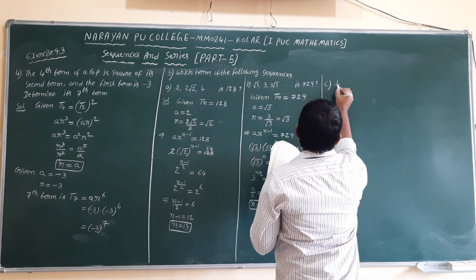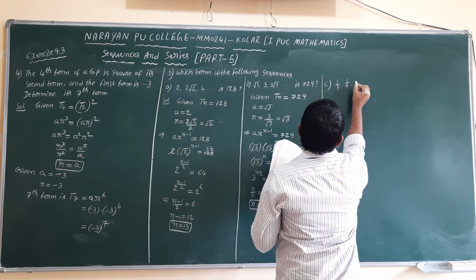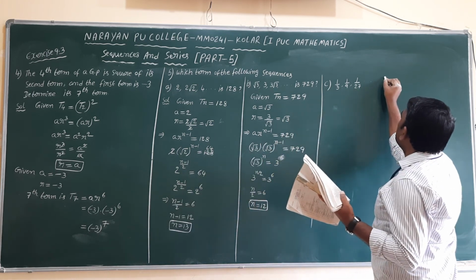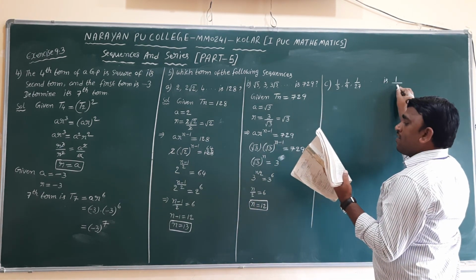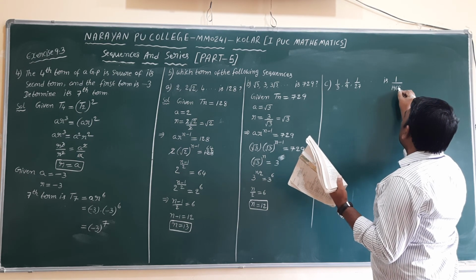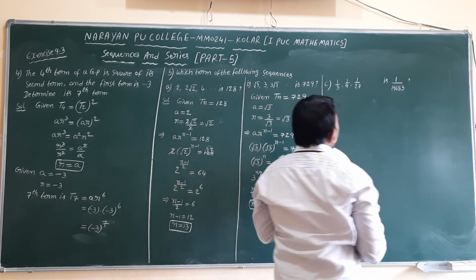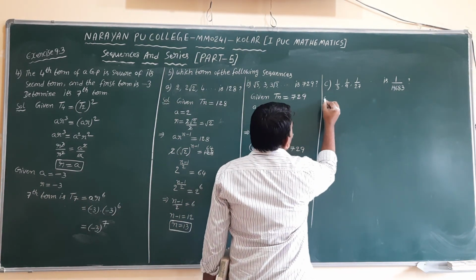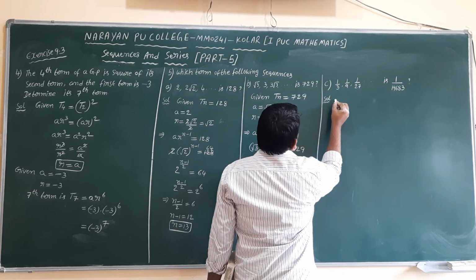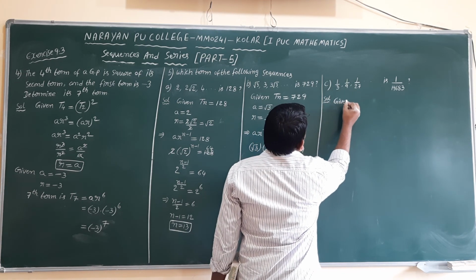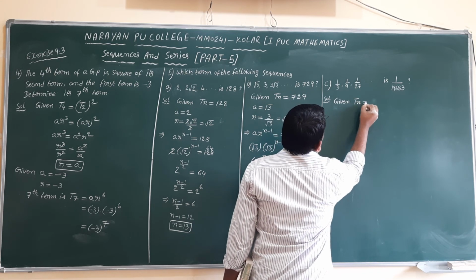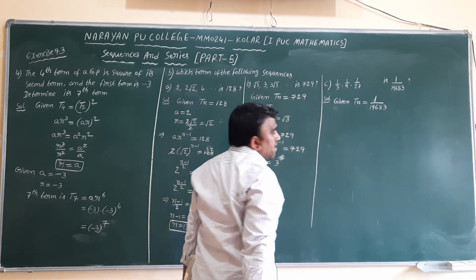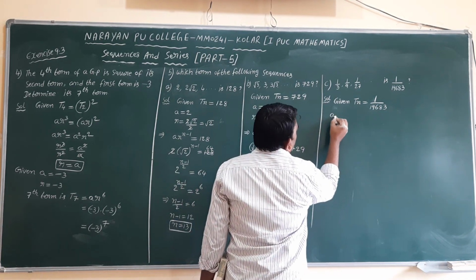Next C. 1 by 3, 1 by 9, 1 by 27 and so on is 1 by 19683. Which term will give 1 by 19683? So given Tn equal to 1 by 19683, n we need to find. From the first term A and R we calculate.